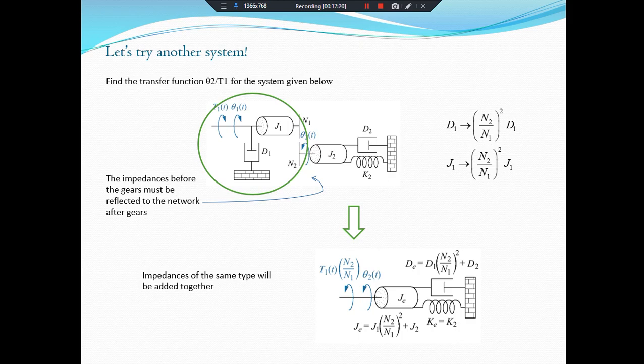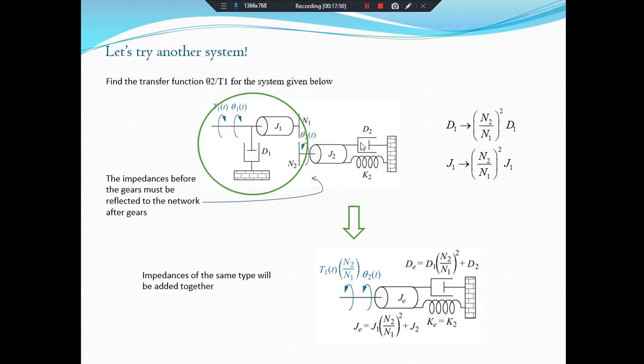So impedances before the gear must be reflected to the network after the gear. Okay, now note down that if we want to reflect the impedances through gear trains by multiplying the mechanical impedances, how can we transfer this impedance D1 on the load side?